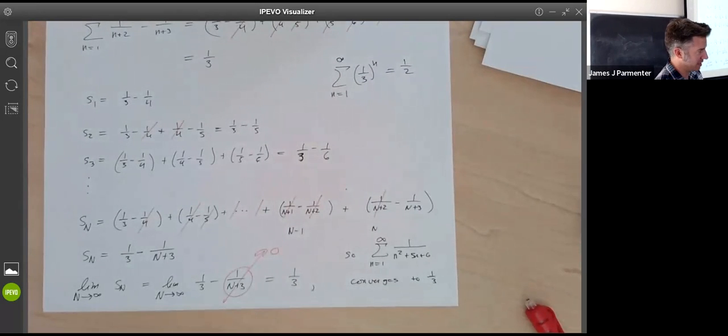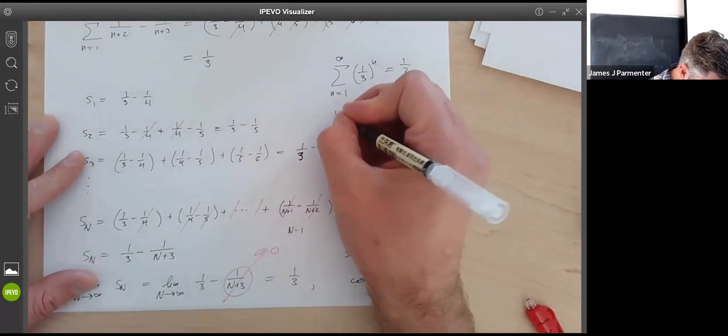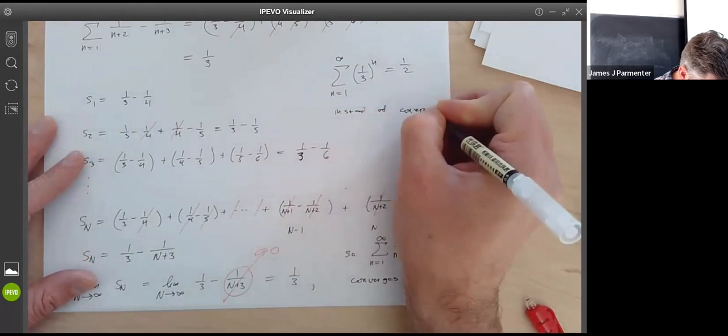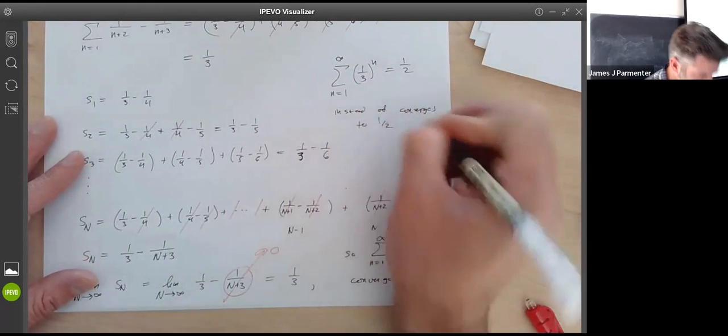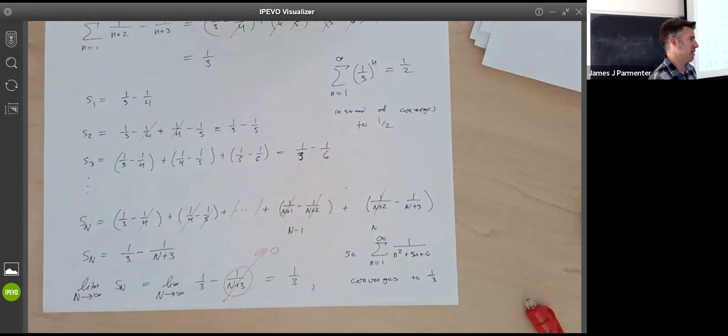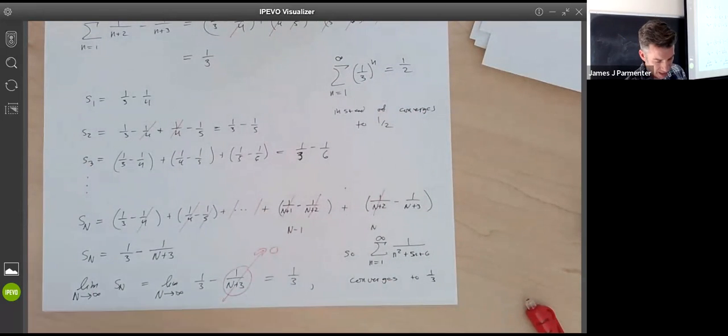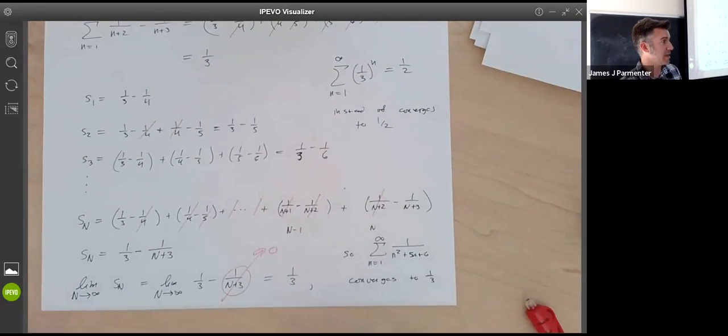We'll talk about why it's 1/2 in just a second, I promise. I would encourage you not to get too caught up in all the words. It's okay to say the series is equal to a thing, even though it actually means its limit of partial sums converges to that thing.